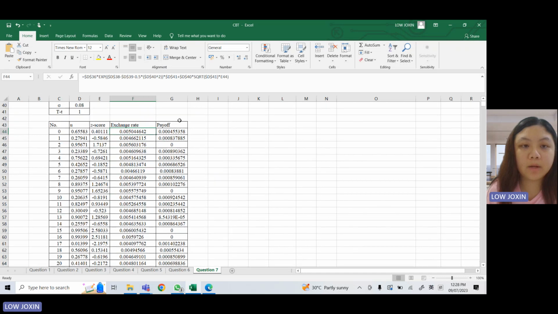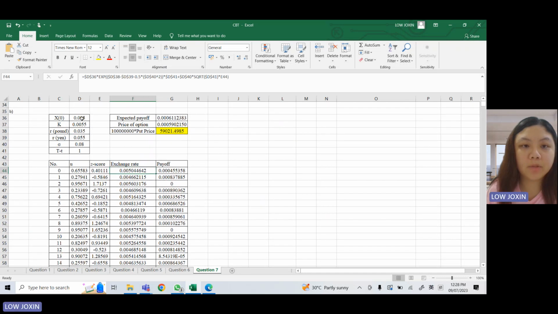And then for part B, I choose to do it for put option. So it means that I assume pound denominated. So my risk-free rate will be the pound denominated, and my foreign risk-free rate will be the yen denominated risk-free rate. And my payoff will be K minus ST, since this is a put.